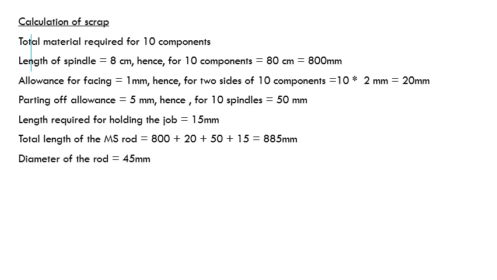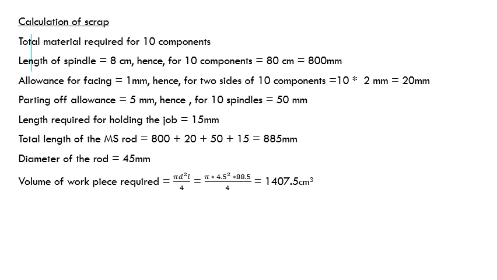So diameter of the rod required is 45 mm. So volume required is pi d squared L by 4. I will use the same formula. Pi into 4.5 squared into 88.5, that is the total length, divided by 4, comes out to be 1407.5 centimeter cube.